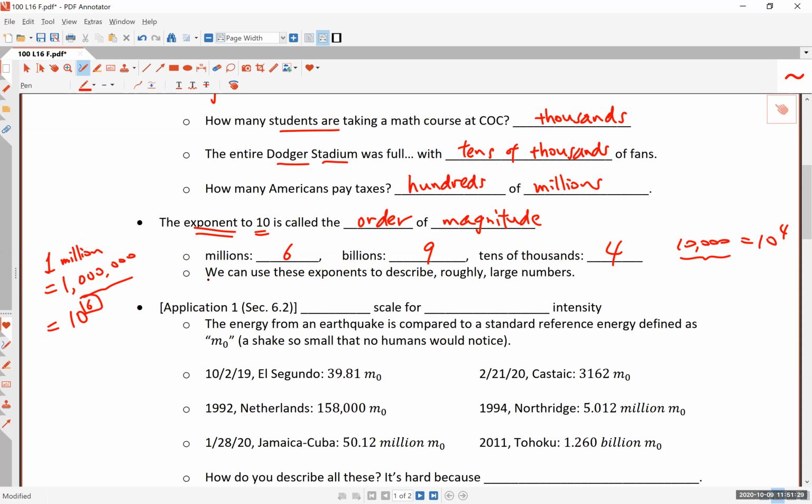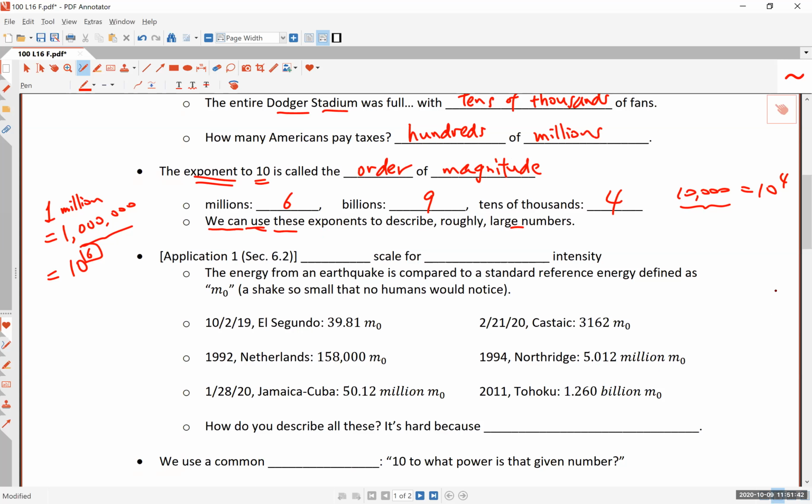And this was a great idea. And this is how this whole idea of logarithmic scales was born. We can use these exponents to describe roughly large numbers. All right, so here's an application that you see, and this is 6.2. And this is our main application, the Richter scale for earthquake intensity.